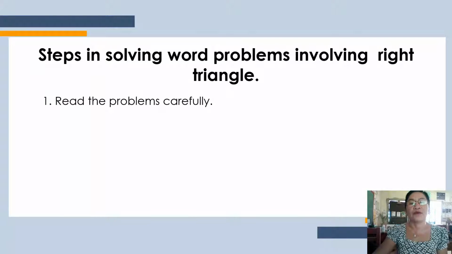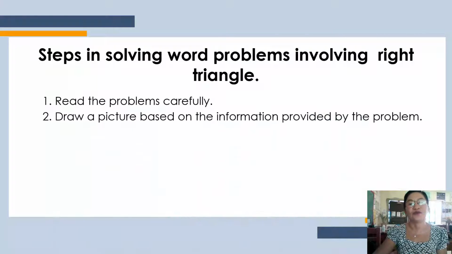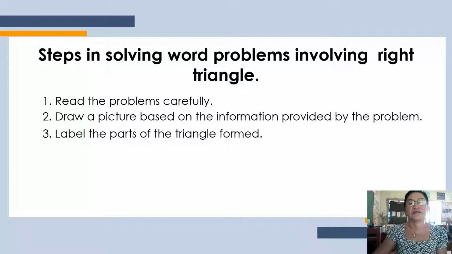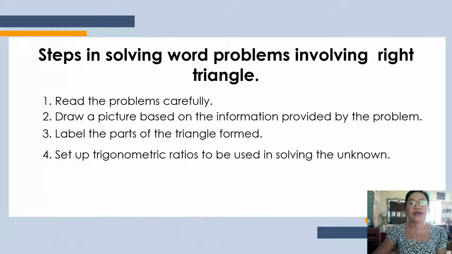Number 1, read the problem carefully. Number 2, draw a figure or picture based on the information provided by the problem. Number 3, label the parts of the triangle formed. Number 4, set up the trigonometric ratios to be used in solving the unknown. Number 5, solve.